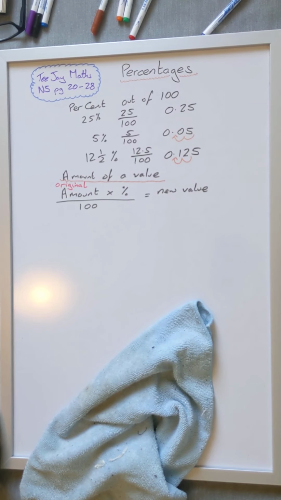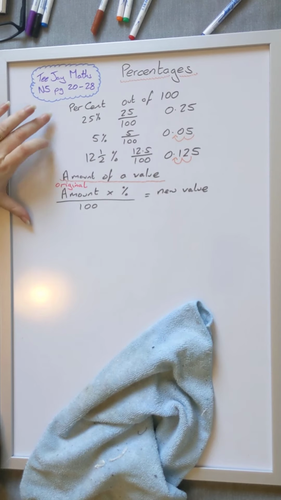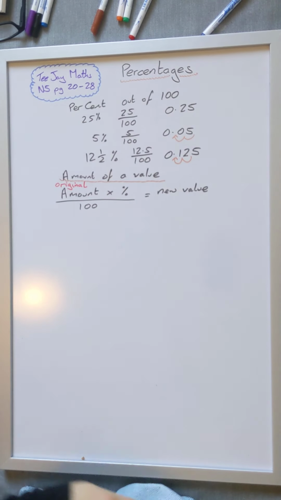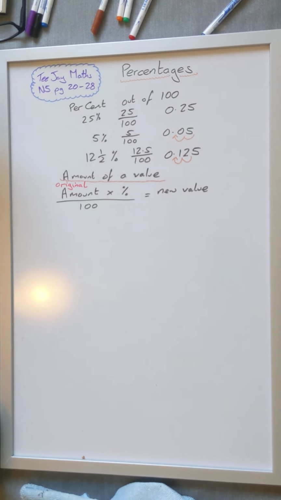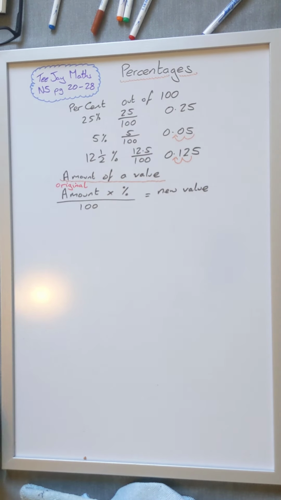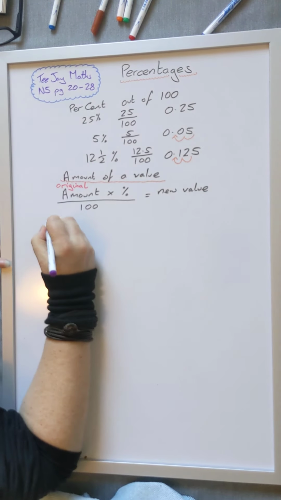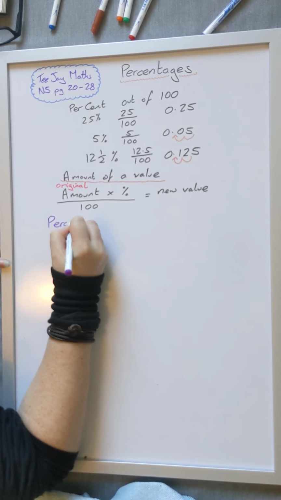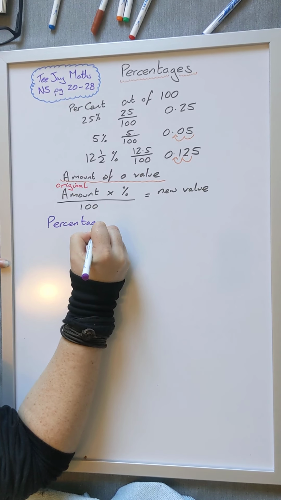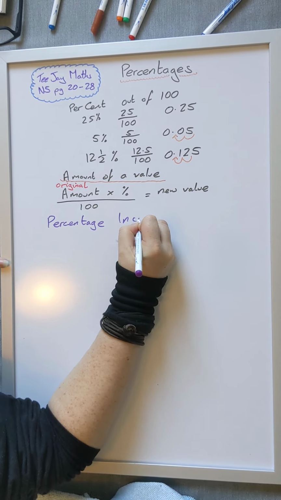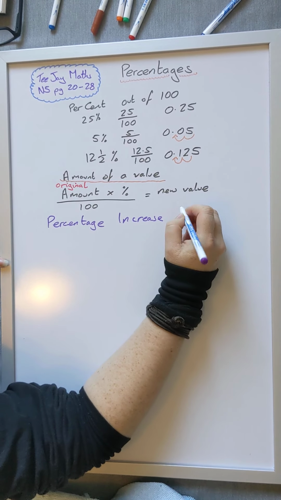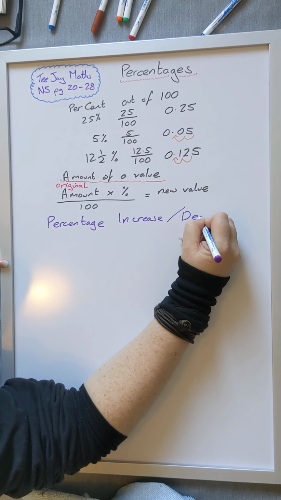So let's start off with percentage increase and decrease. I'm going to leave this here for now because we will be referring back to it. Okay. So percentage increase and decrease.